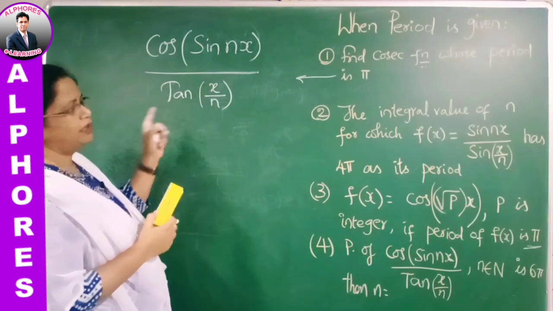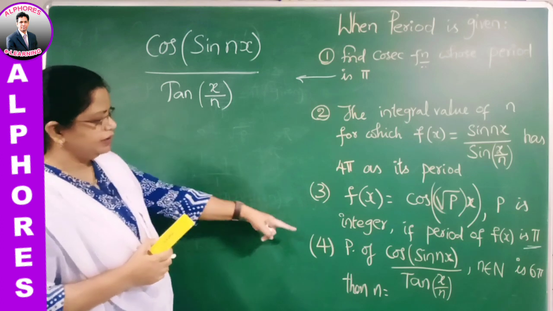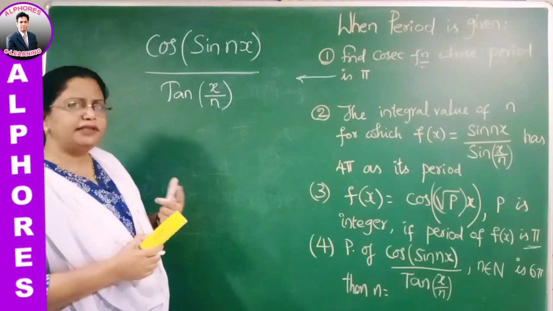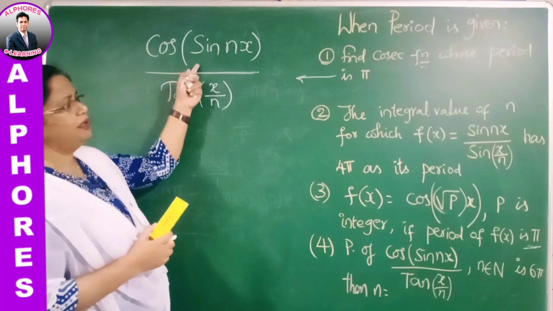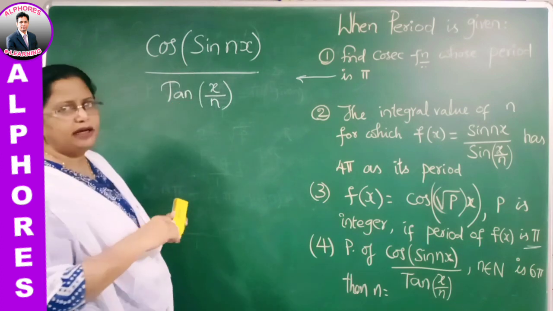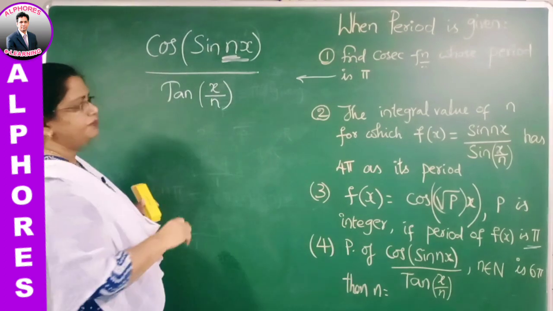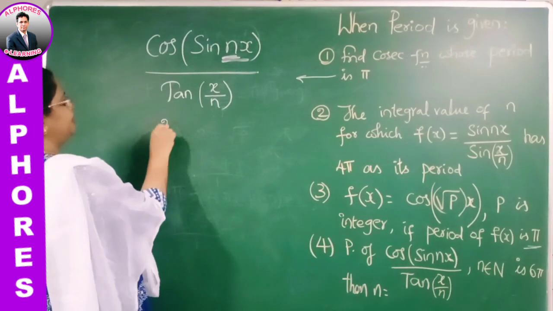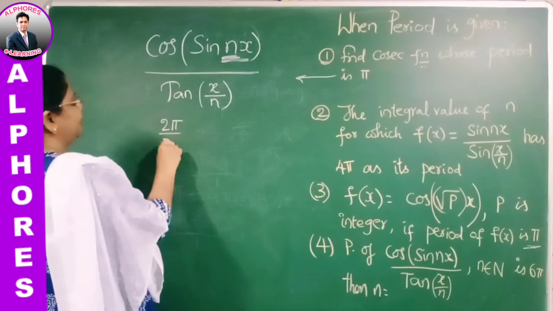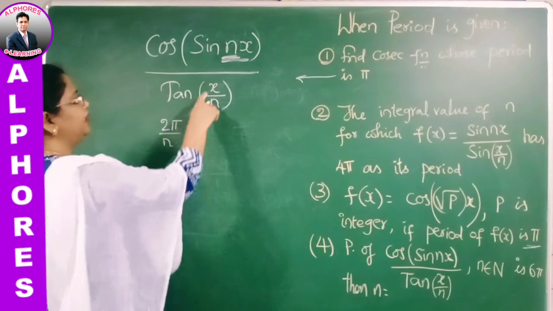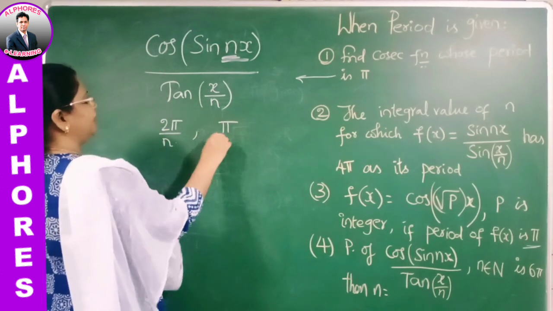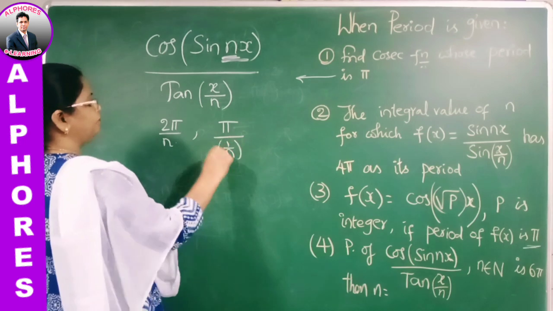Now observe here, first we have to consider this one also, period given as 6 pi. Now if I take period just like our previous concept, for the numerator the period is 2 pi divided by n, right? And for the denominator it is pi divided by 1 by n.